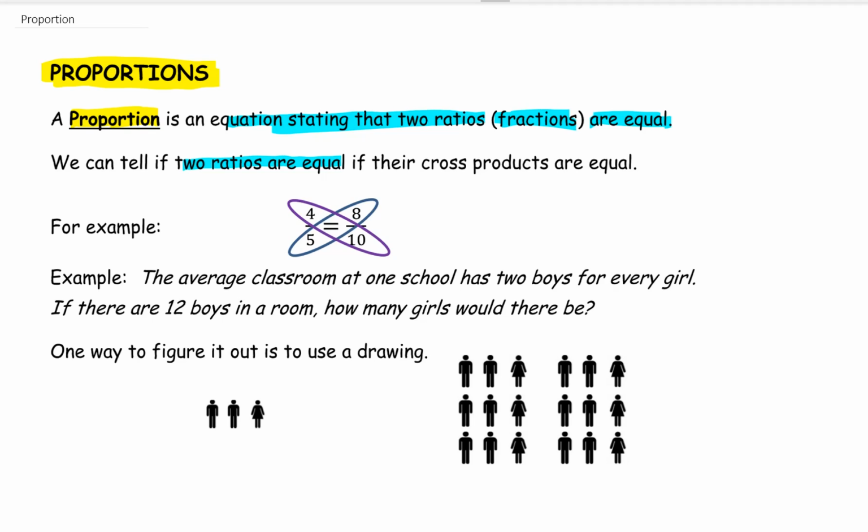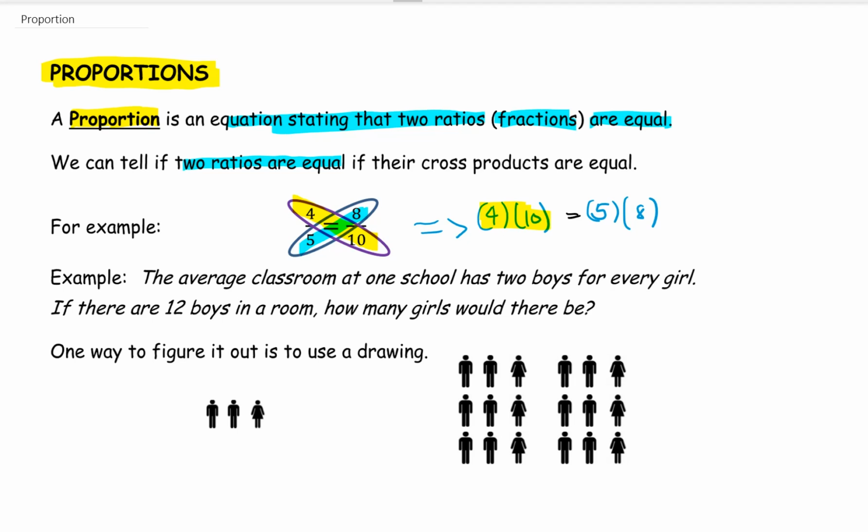Again, cross product is that if you're going to cross multiply 4 and 10, this gives you 4 times 10 is equal to 5 times 8. So if you can see, I cross multiply 4 and 10.